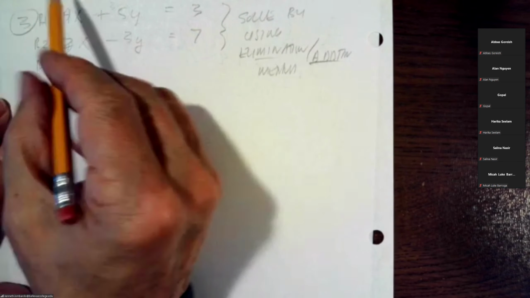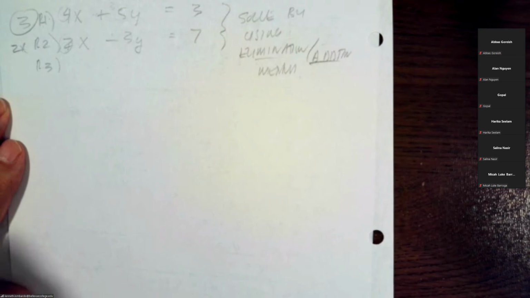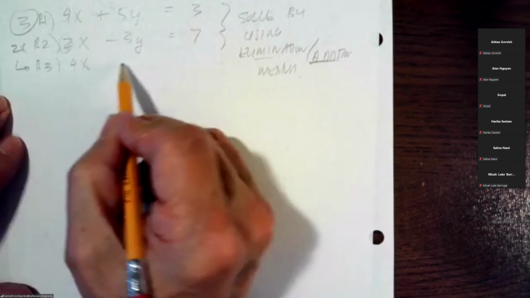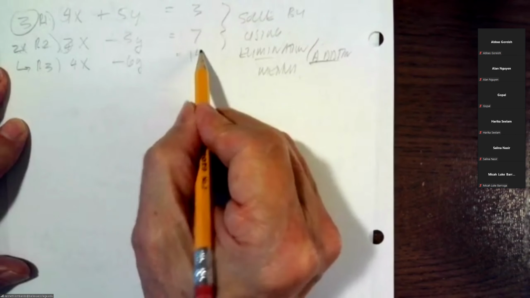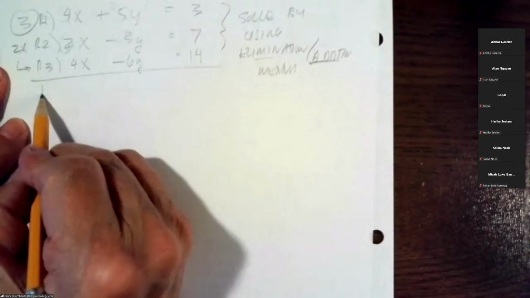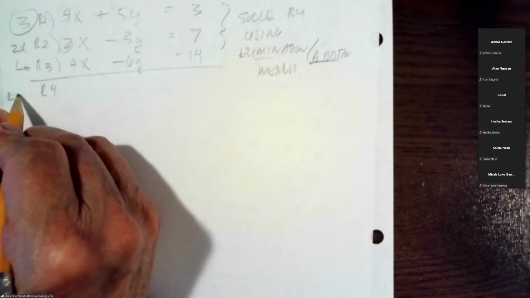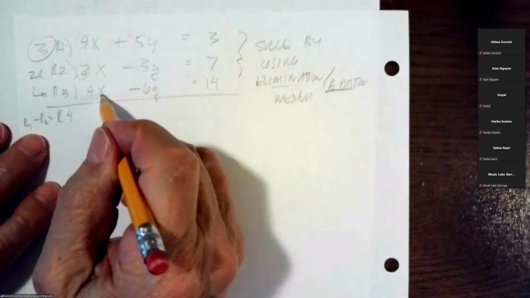And I say, well, if I multiply row 2 by 2 to get row 3, so 2 times this is 4x minus 2 times this is 6y equals 2 times this is 14. And then I want to see if I can eliminate a variable. So if I subtract row 3 from row 1 to get row 4, here's row 1, here's row 3, and I'm going to subtract it.